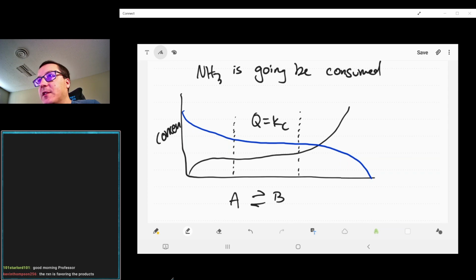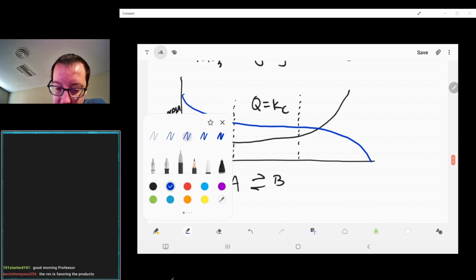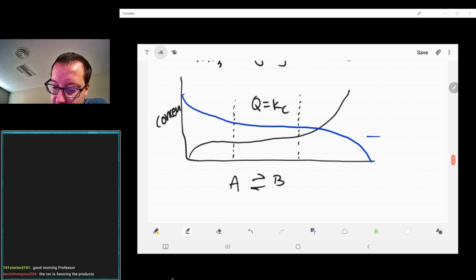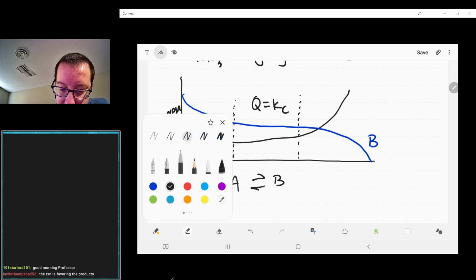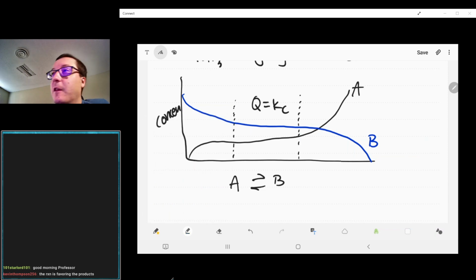If your concentrations are unchanging or relatively so, if your artistry skills are better than mine, that middle section is when, I guess I have to put the colors on these, don't I? Let's say that B is going to be blue. I guess we're doing the reverse reaction here, whatever. That's okay. And we're going to say that the black one is A.